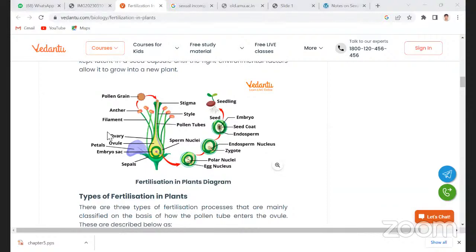Then after the endosperm development, we'll discuss the embryo development. Again we will discuss what is the zygote, what is embryogenesis, what is the dicotyledonous embryo, what is the monocotyledonous embryo, how the embryo develops, and the different types of embryos. We will also compare with the monocot embryo.